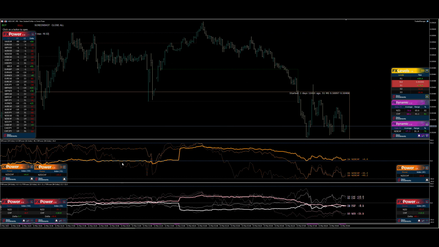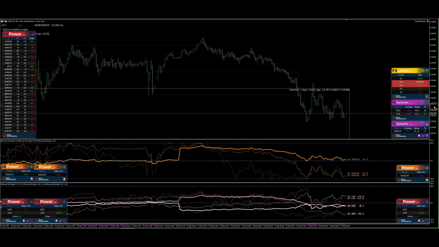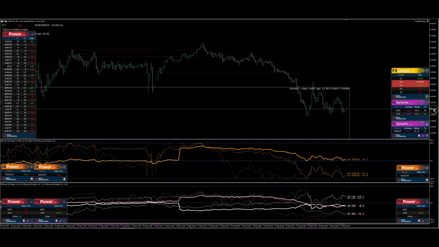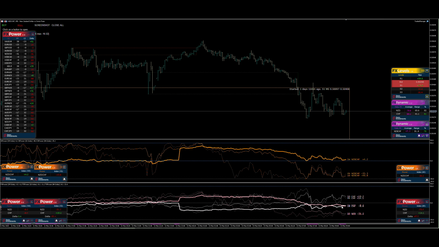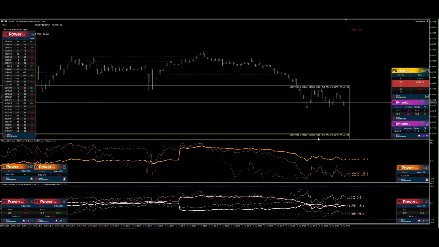And so let's have a look at the corresponding charts. New Zealand dollar against the Swiss franc is currently ranging, but it's also a breakout setup with a double-sided dynamic. So I would short this with a stop loss here and the profit target down below here at this support level that is 2 days old.